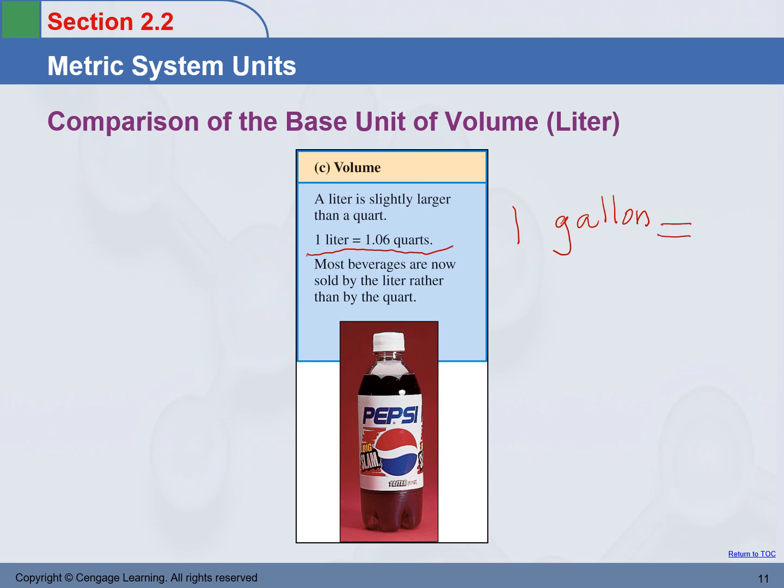Okay, 1 gallon is about 3.8 liters, or you can say 1 gallon is close to 4 liters. Now you have an idea about the size of a liter.